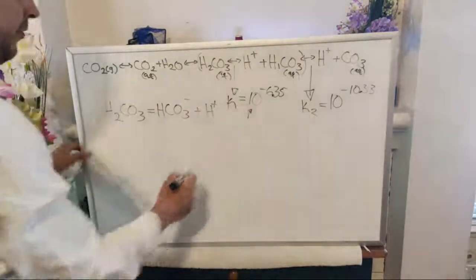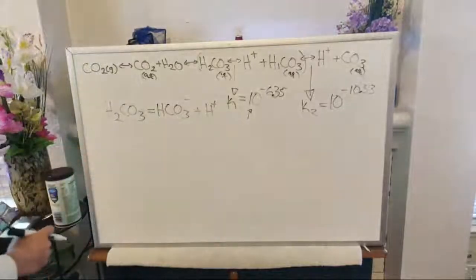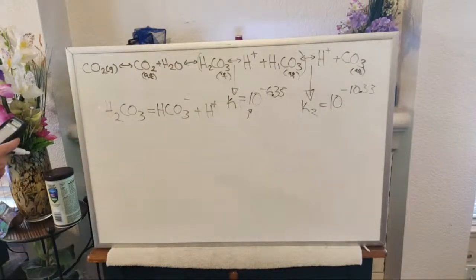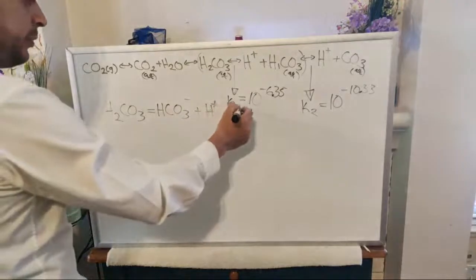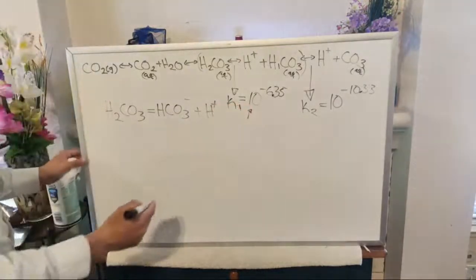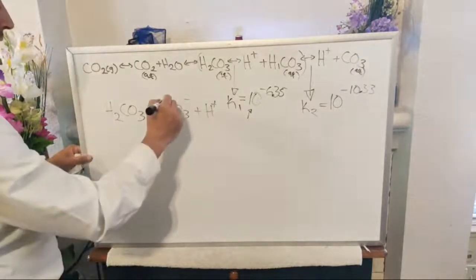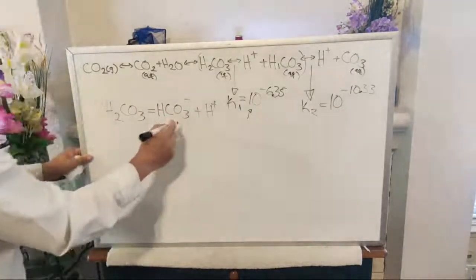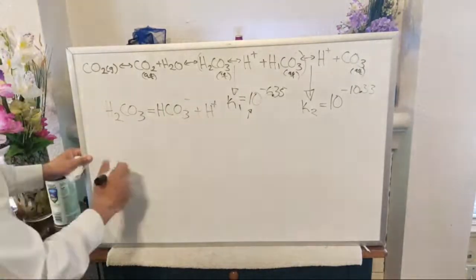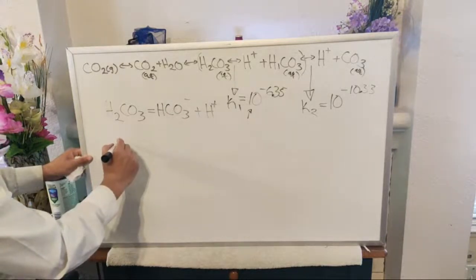So now what we're going to find is a K1. Did I call it K1? Yeah, we'll just call this K1. Alright, so to find the equilibrium constants, we're going to get the products over the reactants. So basically, everything on this side, we're going to put it in brackets.